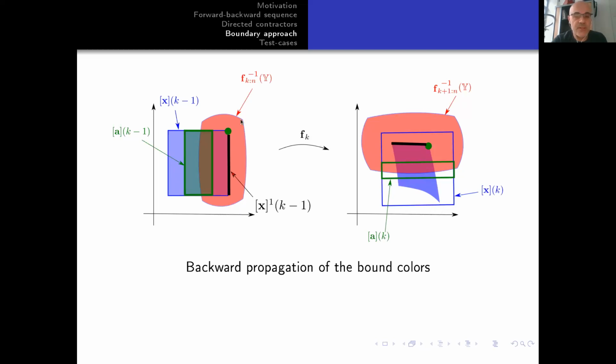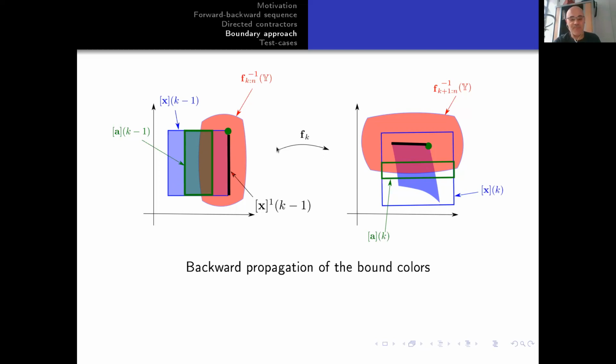Here, just to explain how it is done, I have my box at time k-1. I have here my faces. I take one point just for an illustration, but you will not compute this point. If it is sent here in the part of the box which is known as a wind box, which corresponds to the red, then this one will inherit the color of this one.